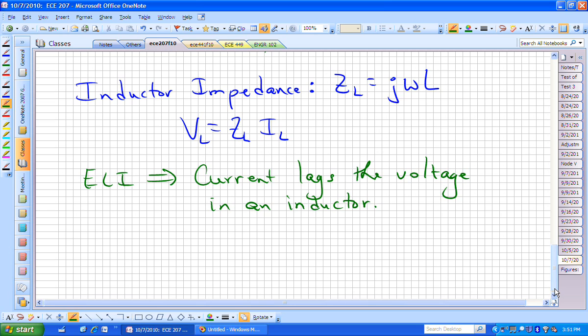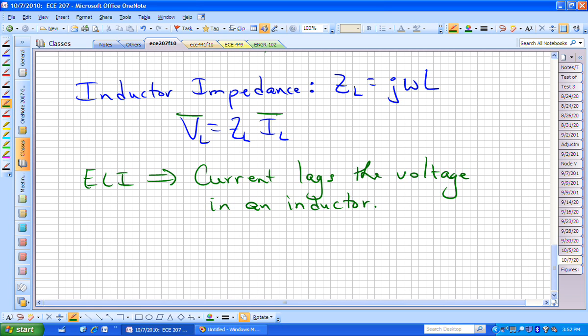Question? Are we supposed to have the bar above V sub L and I sub L? Are we supposed to have the bar above Z sub L? Yes, it should be barred. If it's going to be complex or a phasor, the question was, do we want bars on top of V sub L and I sub L?